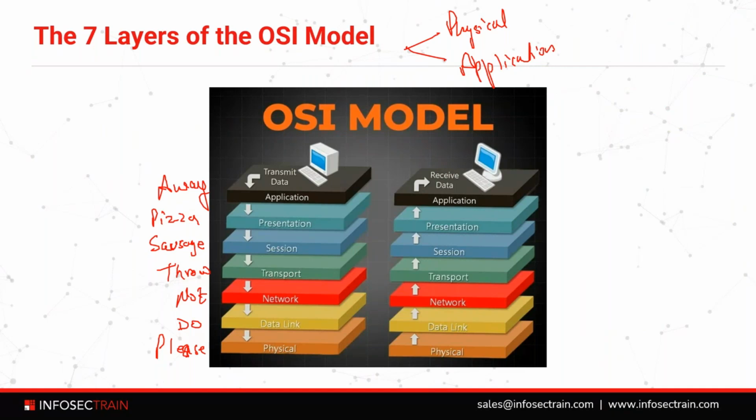But if I'm sending an email to you, it's starting from the application layer. That's also something, a myth, that I want to remove, guys. People say that application layer is layer 1 from the sender side and physical layer is layer 1 from the receiver side. That's not the case. From both of the sides, layer 1 is your physical layer.